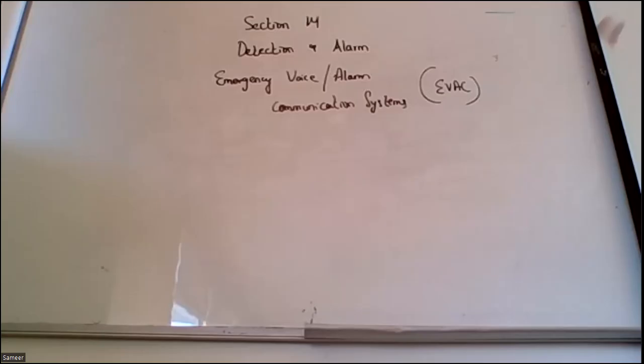If my alarm bell is going to provide me the same notification, why do I need an evac system? Like all my buildings, residential buildings, they have alarm bells, right? If the alarm bell is ringing, that is also a signal that I need to evacuate.